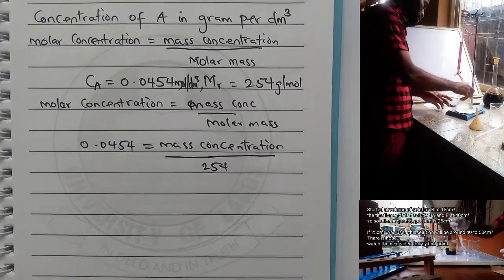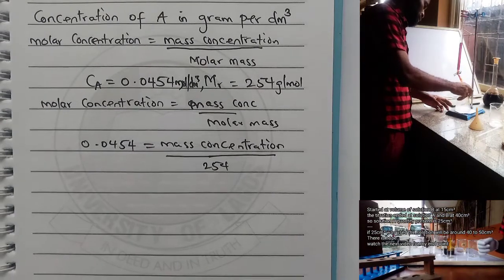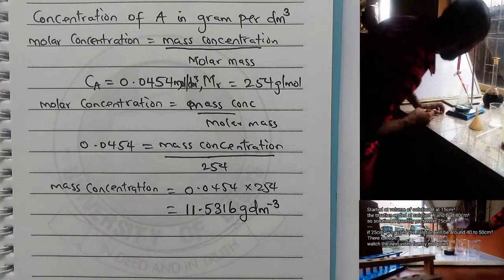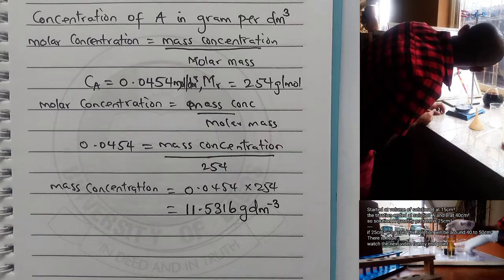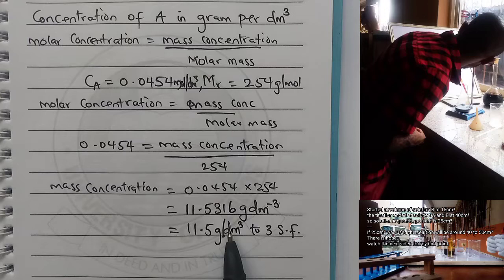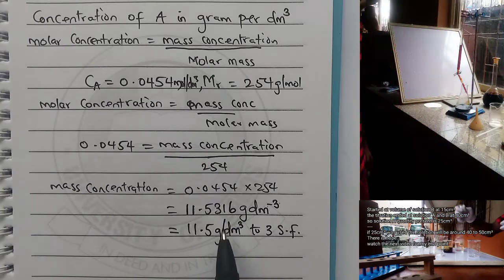Making mass concentration the subject of the formula, and using 3 significant figures in order to be consistent, we will have this. Please don't be confused by this and this, they are the same thing. This bar 3 is the same thing as this slash here.